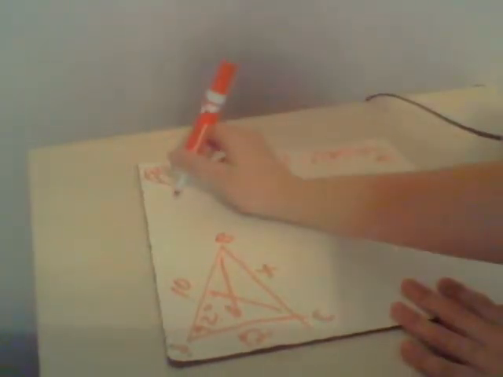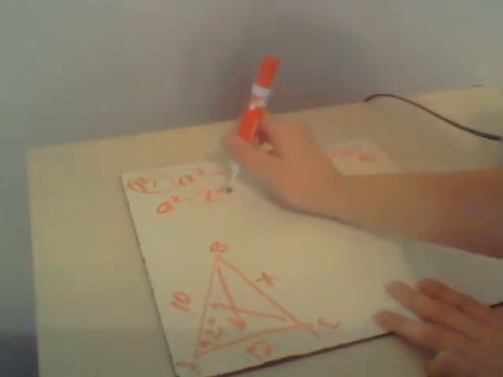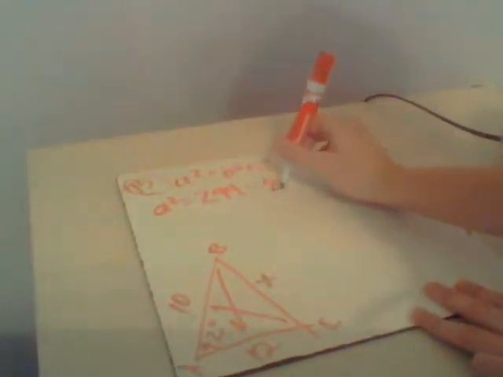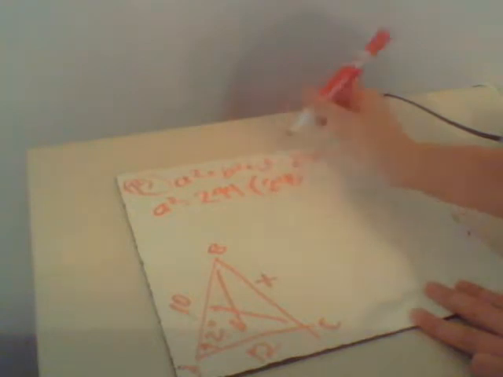So the next step is, remember, a squared equals, now the side length squared, which is 10 squared plus 12 squared, will be 244, minus the product of 2 times 10 times 12, which is 240, cosine 42.